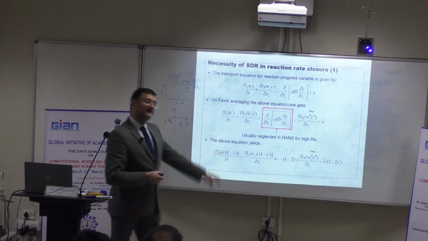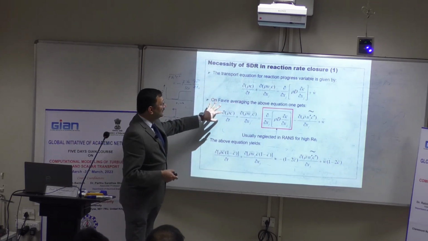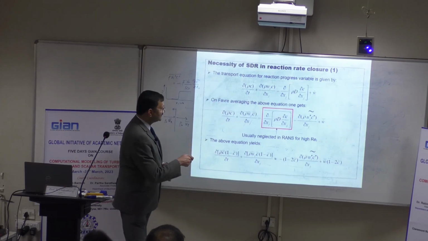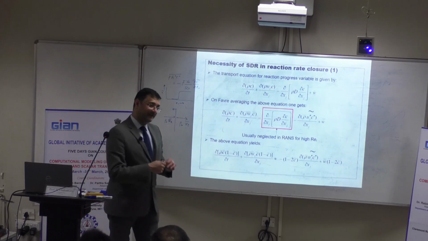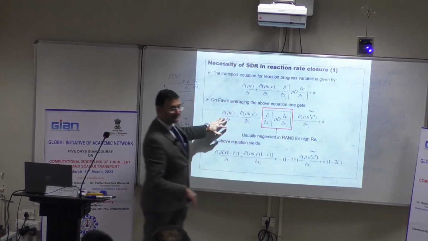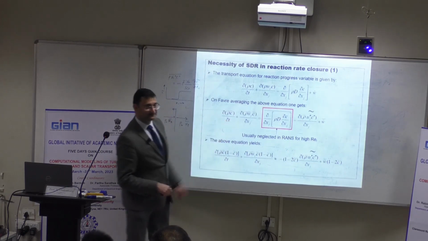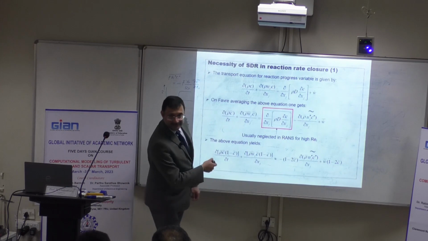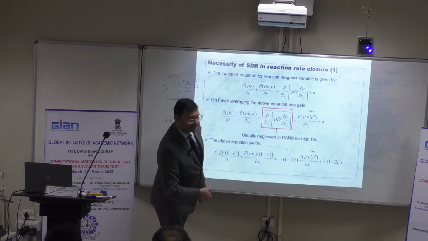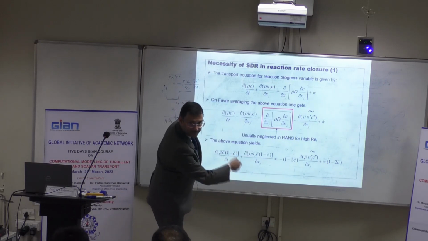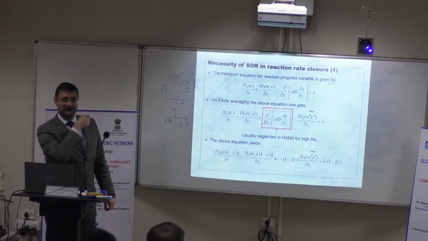Maybe in the updated slide I will actually change it. I'm telling, not really Favre averaging in a literal sense, but using the Favre decomposition and then the averaging, that will be this equation. Usually people neglect the molecular diffusion contribution because that term is really, really small in comparison to turbulent transport.